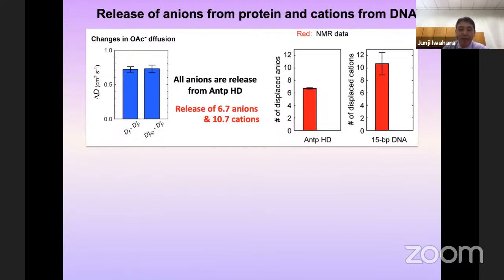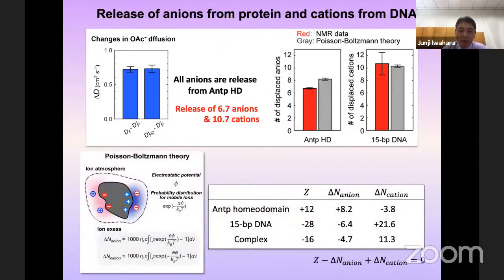So we examined whether or not this is reasonable. And for that, again, we used Poisson-Boltzmann equations. For free protein, free DNA, and the complex, we estimated basically ion excess numbers.